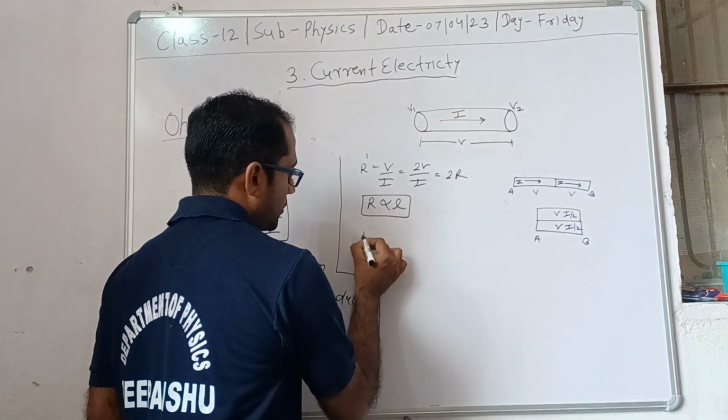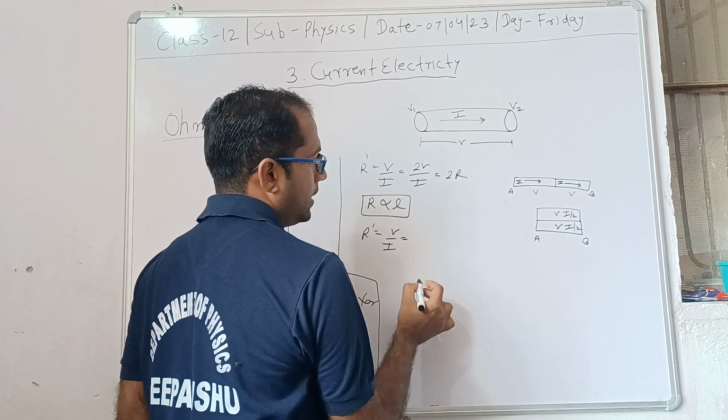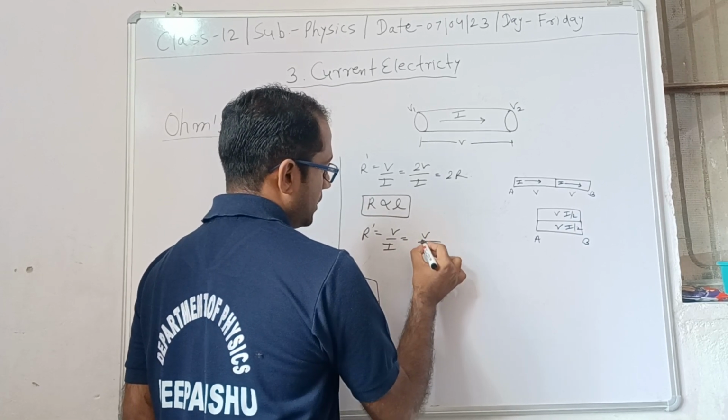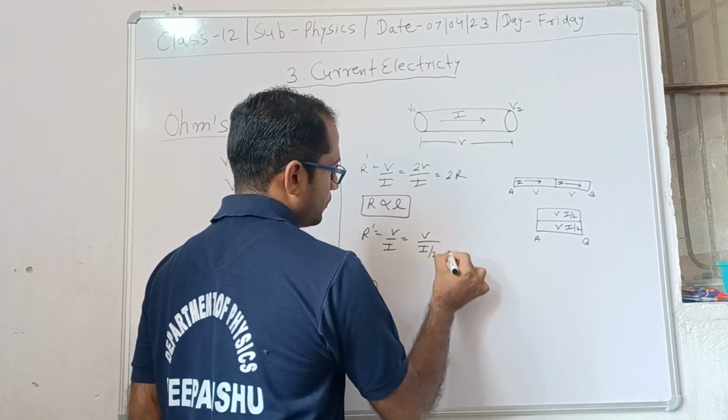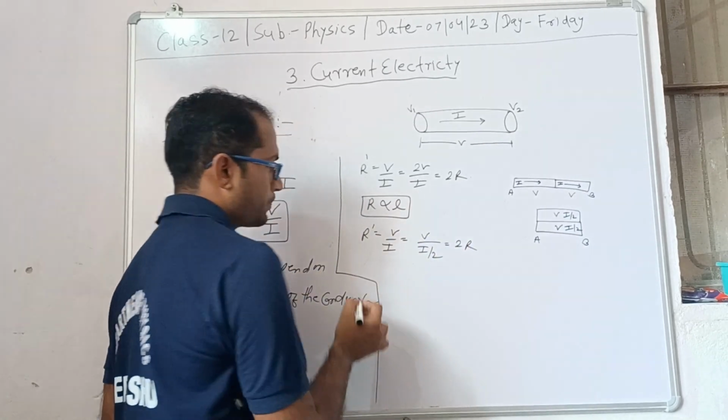In this case we use R equals V upon I, with I by 2, and then we get 2R.